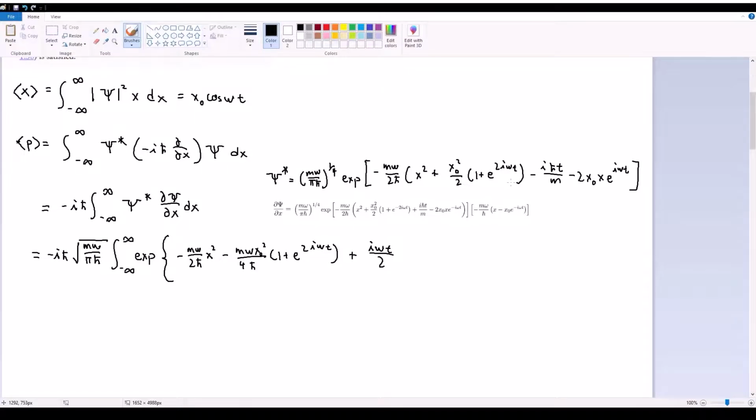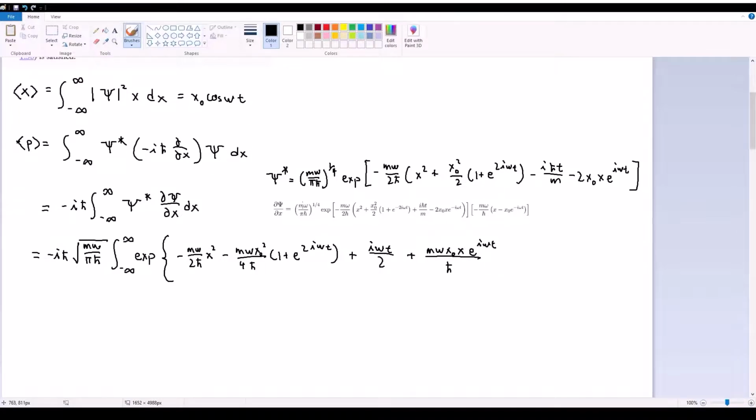Let me just double check that. The m's cancel, h bars cancel, i omega t over 2, yeah. And then added with the 2 cancels out, m omega x naught x e to the i omega t, all divided by h bar. Is that correct? Yes.